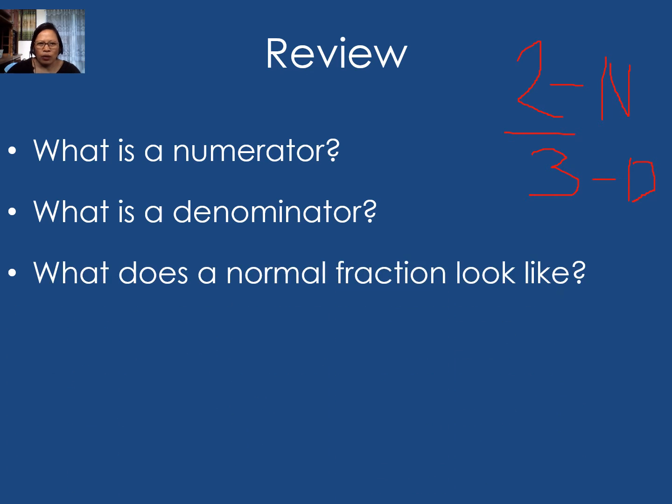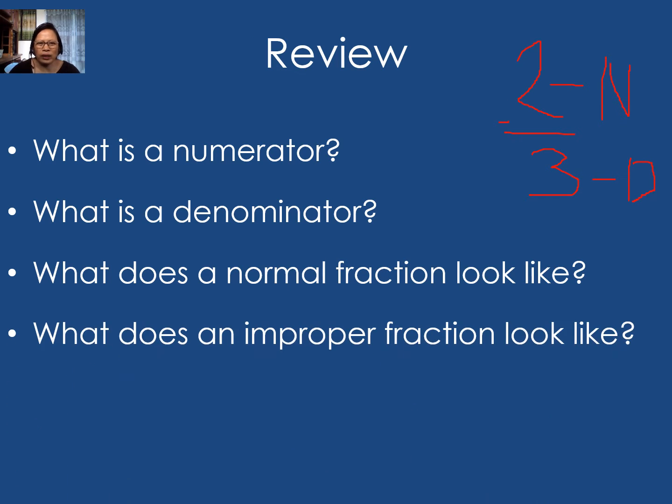Okay, what does a normal fraction look like? This is a normal fraction. It has a numerator and denominator. What does an improper fraction look like? When we talk about improper fraction, the number at the top, or the numerator, is higher than the denominator.